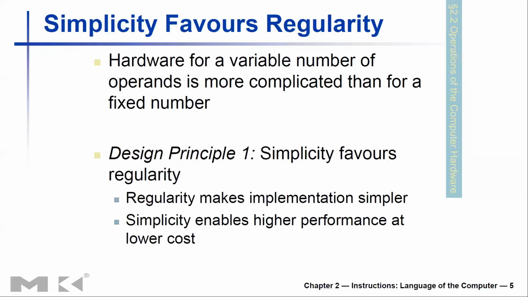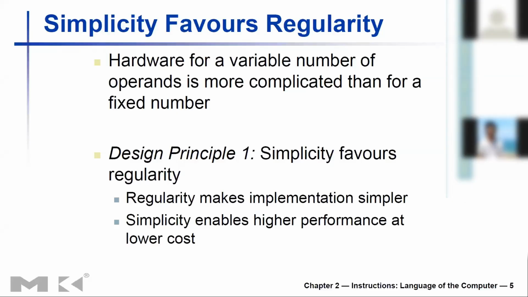If your operations are regular, meaning the number of operands supported by instructions are the same, and they are simple, then the implementation is going to be simple, and this simplicity enables higher performance at lower cost. Of course, the cost is also going to be minimized because the hardware design is going to be simple.